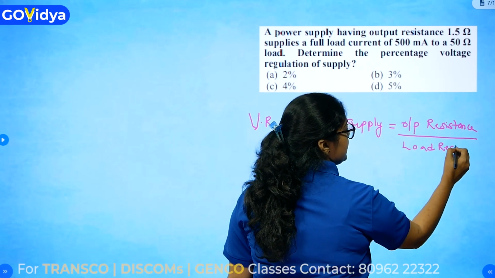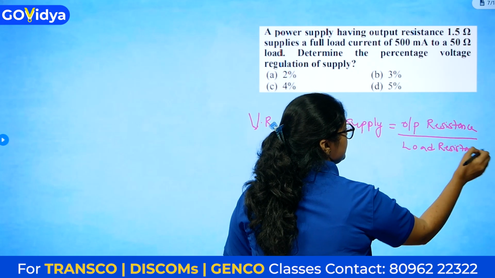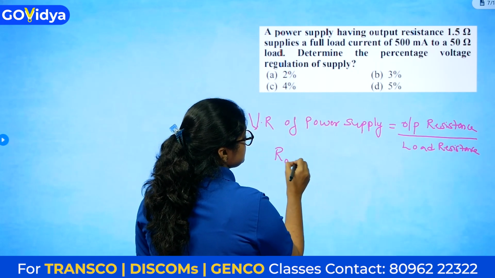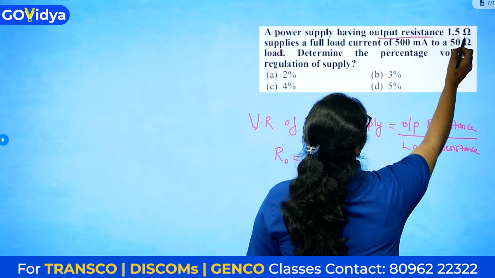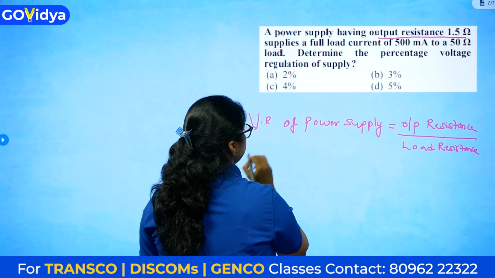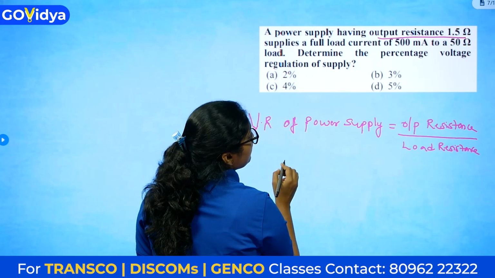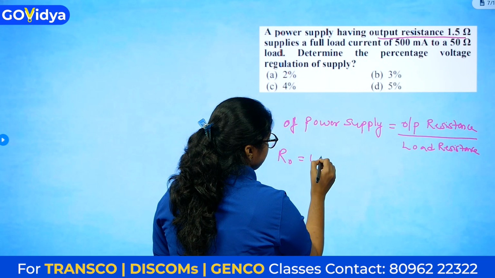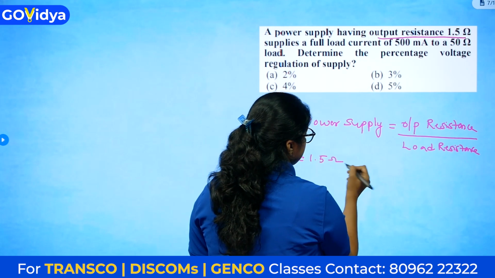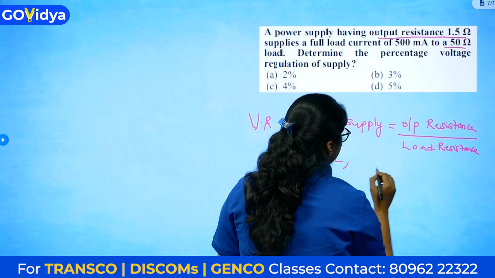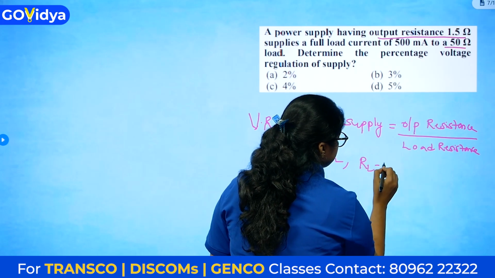In the question, the output resistance R0 is 1.5 ohms. The load resistance is 50 ohms.